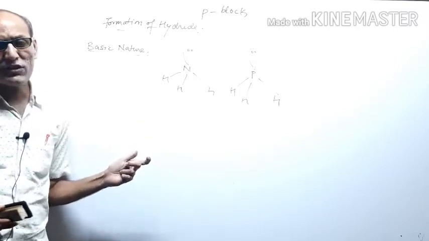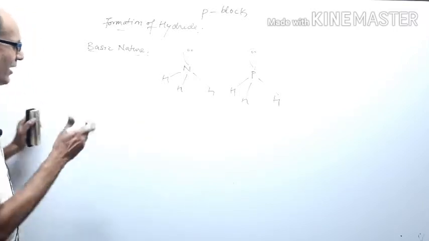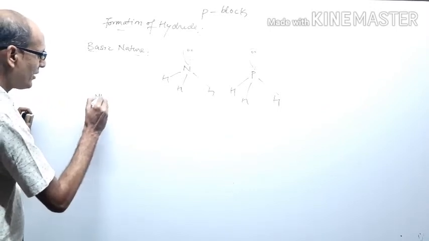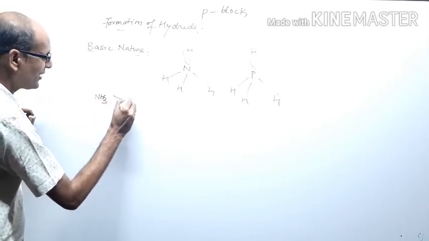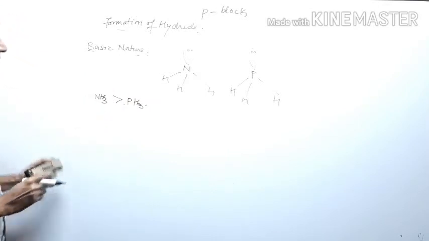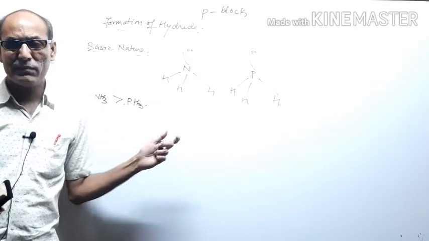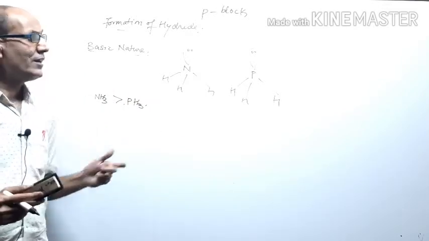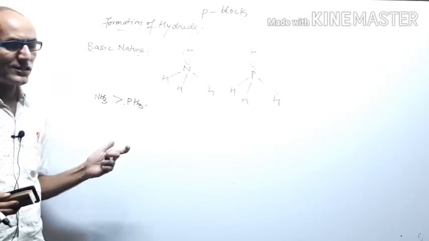So they do not show basic nature. Ammonia is a stronger base than phosphine, and arsine, bismuthine and stibine are not basic in nature.